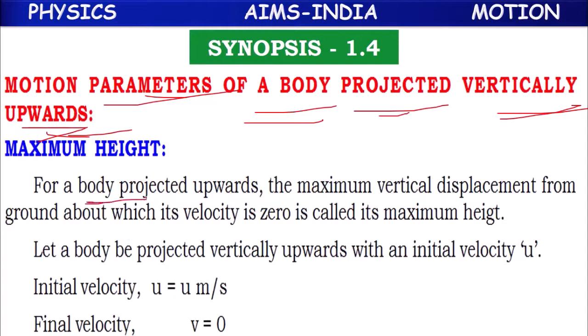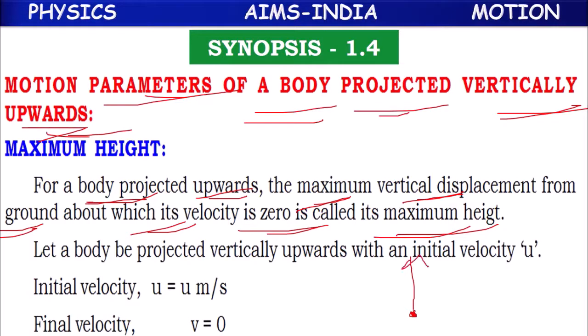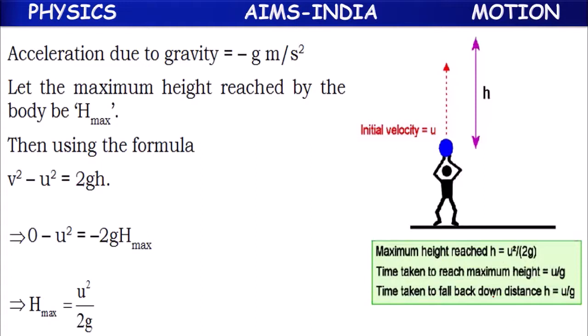For a body projected upwards, the maximum vertical displacement from the ground at which its velocity is 0 is called maximum height. If you throw any body vertically up, in the beginning it will have some initial velocity, like 40 meters per second, 30 meters per second.